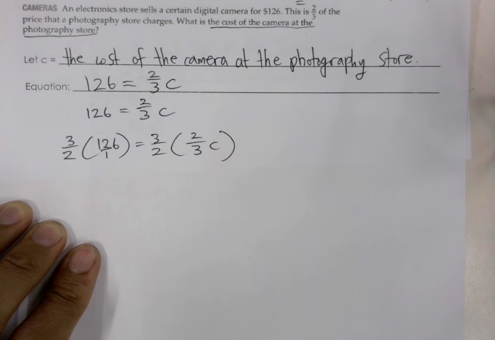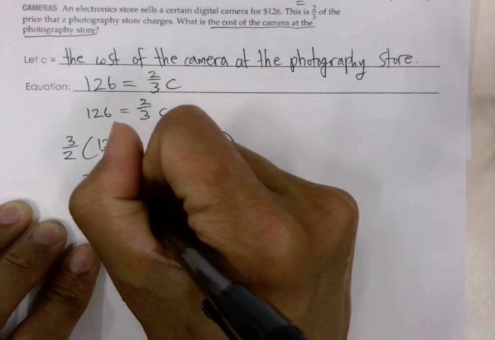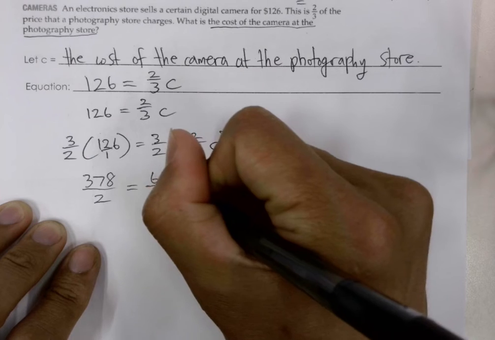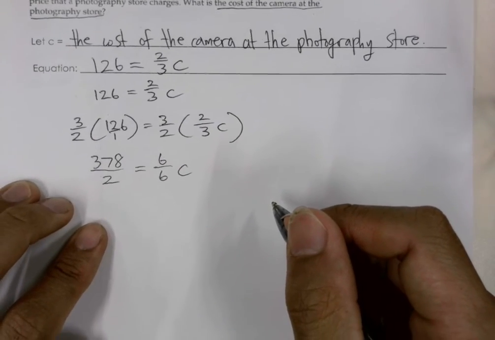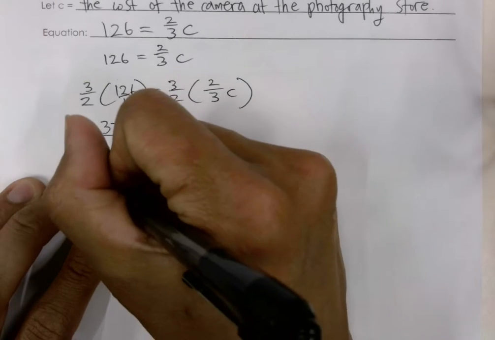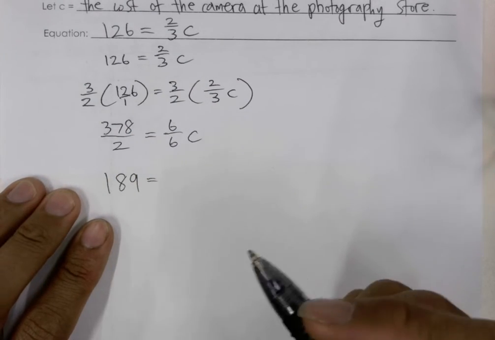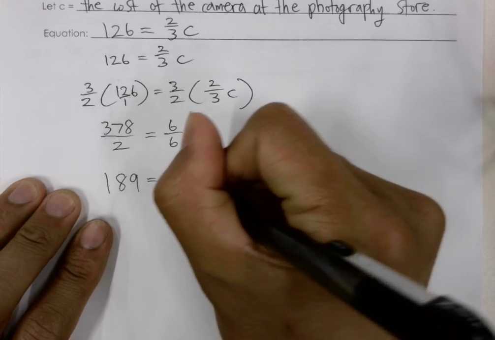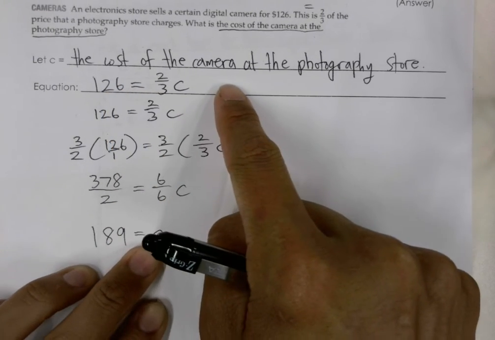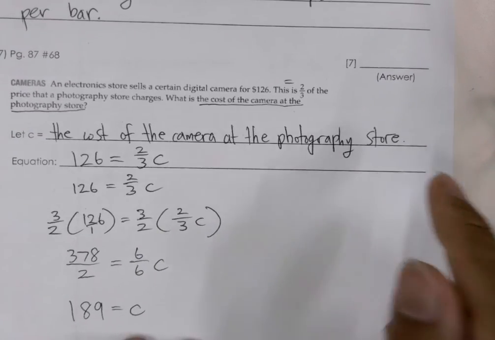So we're going to get 126 times 3 is 378 divided by 2 is equal to, multiplying straight across, we get 6 divided by 6 C. 378 divided by 2 is equal to 189, and that's going to equal 6 divided by 6, which is 1, times C, leaving us with just C. So C, the cost of the camera at the photography store, is $189. Let's put our answer up here at the top.